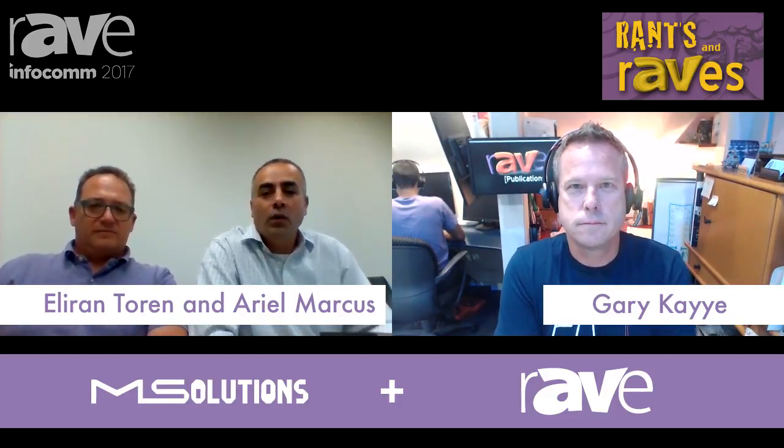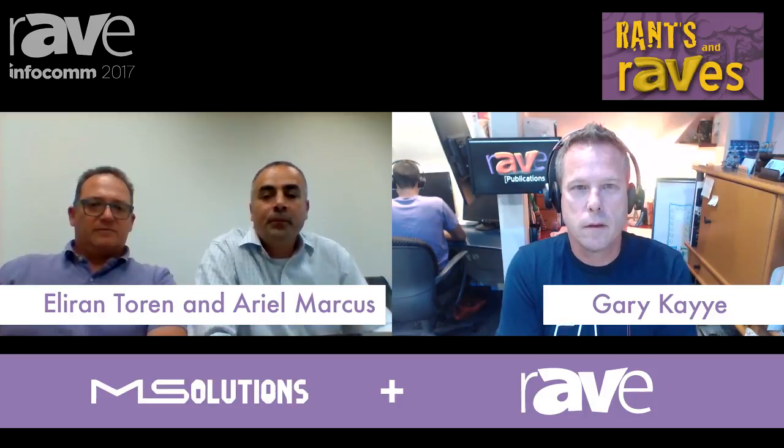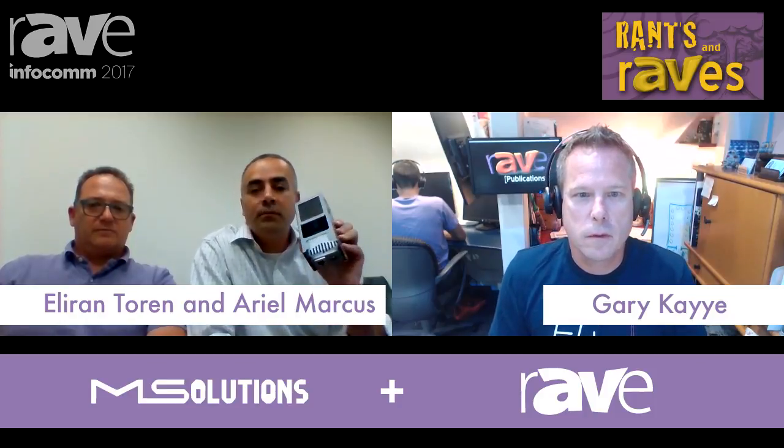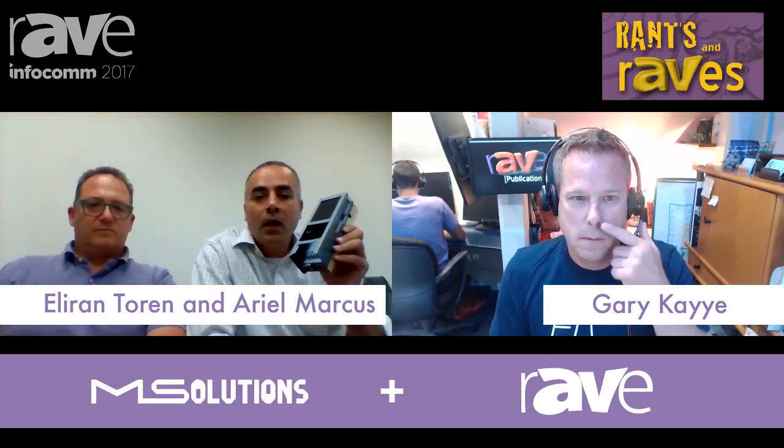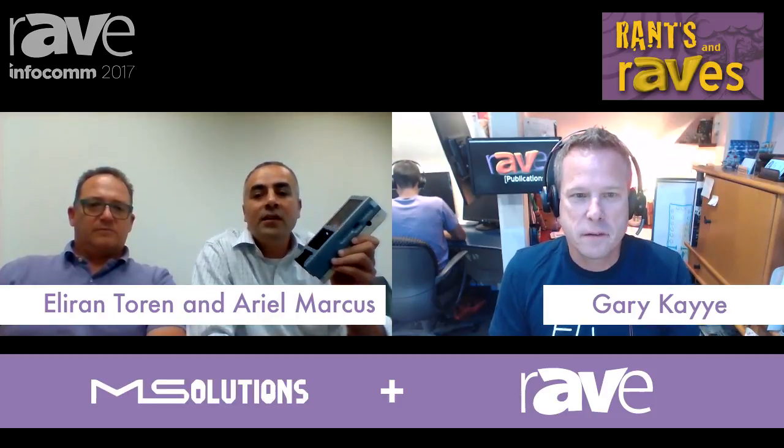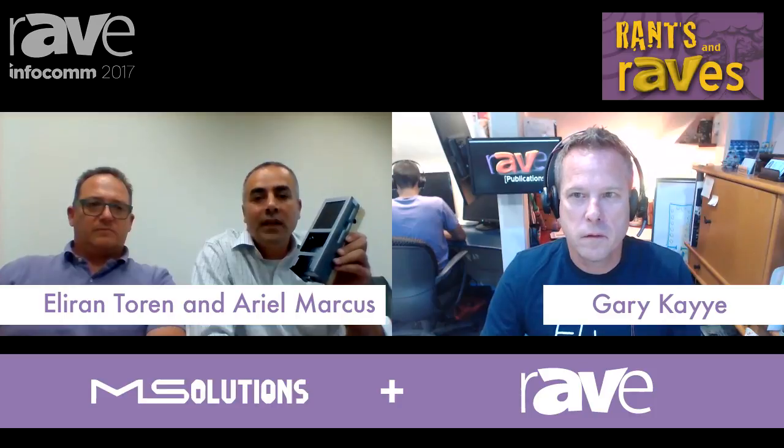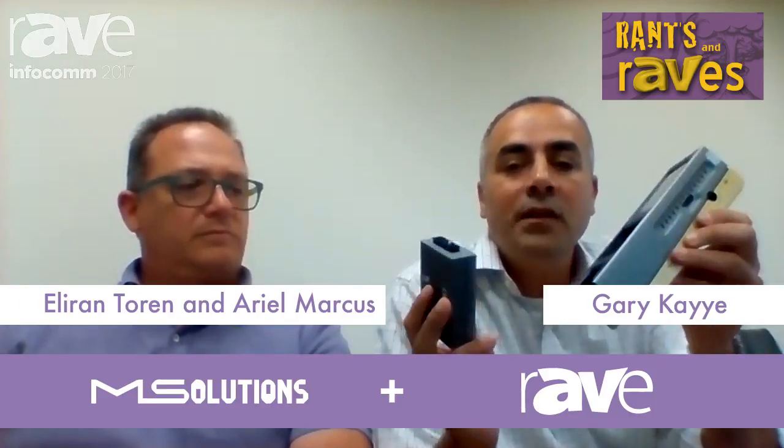Okay, hello Gary, and thank you. What we're going to present is the MS Test Pro. The MS Test Pro is an HDBaseT tester. This is the unit that will give the installer the ability to understand exactly what's going on in the cable. It is a modular unit, built out of two units, transmitter and receiver.